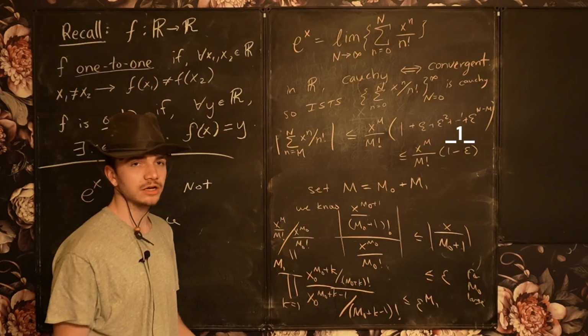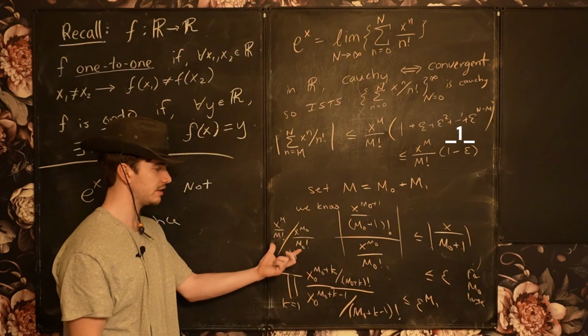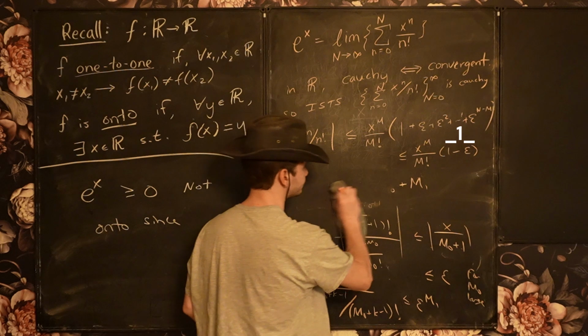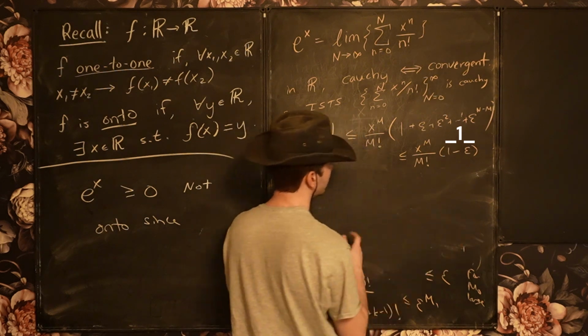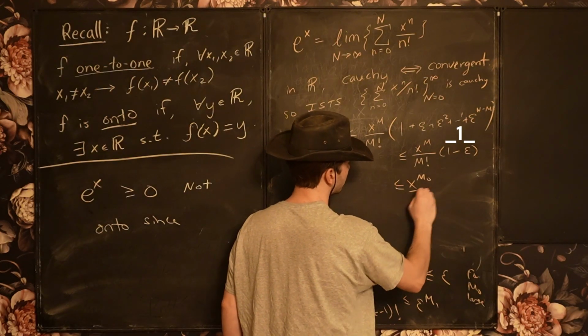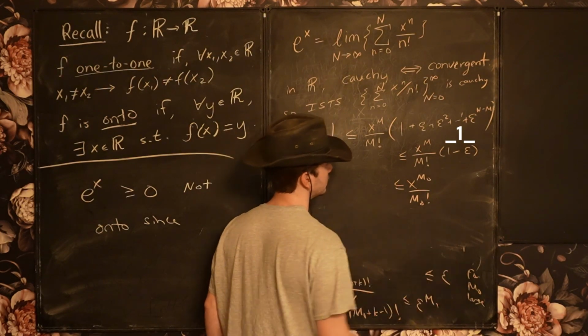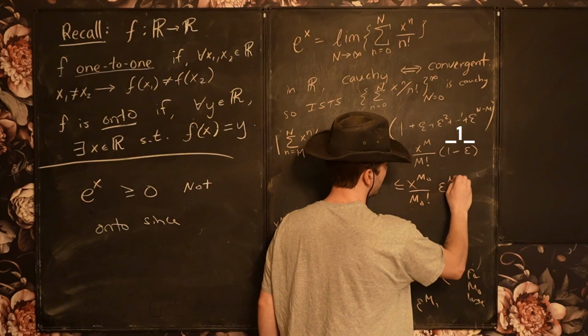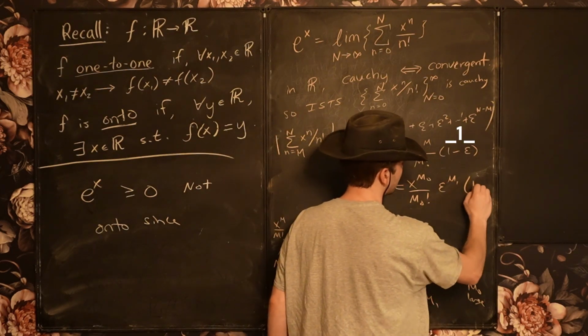Okay? So after you do the telescoping product and get it in this form, you can rewrite this as less than or equal to x to the m naught over m naught factorial, epsilon to the m1, where epsilon is less than 1, times 1 minus epsilon.